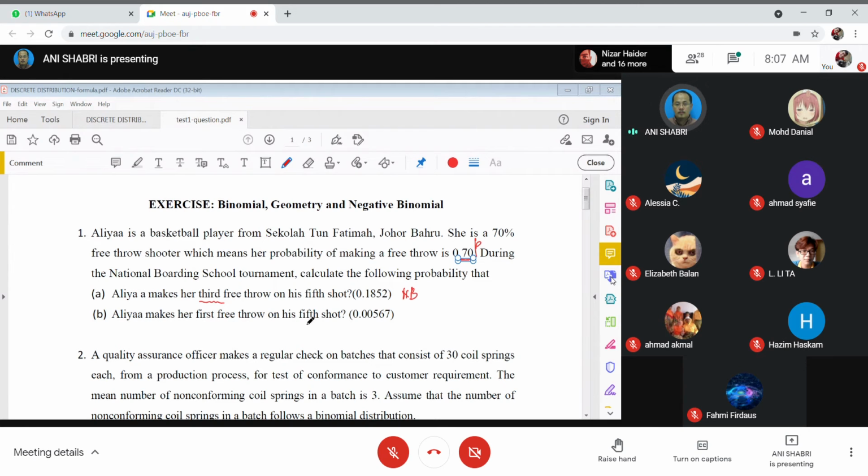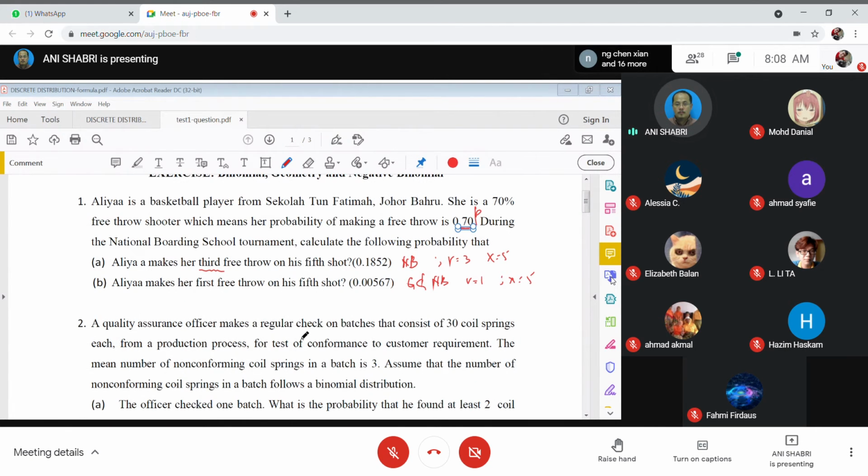So binomial is wrong. It is geometric. For this one you can use geometric or negative binomial, it is the same: r is equal to 1. For the previous one, r is 3 and x is 5.